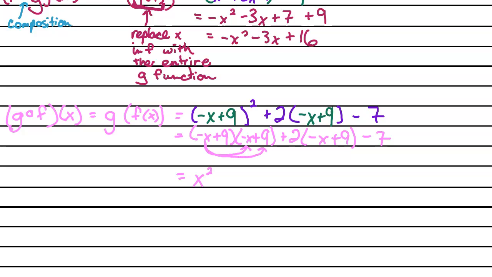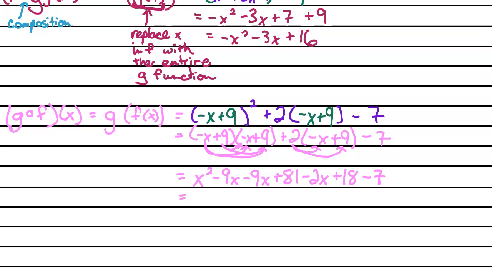Negative x times a positive 9 would give me a negative 9x. 9 times a negative x would give me a negative 9x. Positive 9 times positive 9 would give me a positive 81. 2 times a negative x will give me a negative 2x. 2 times a positive 9 would give me a positive 18 minus 7.